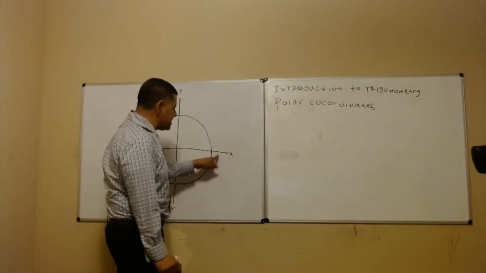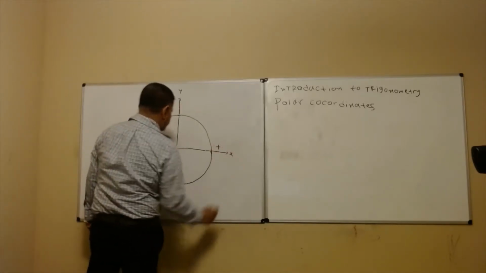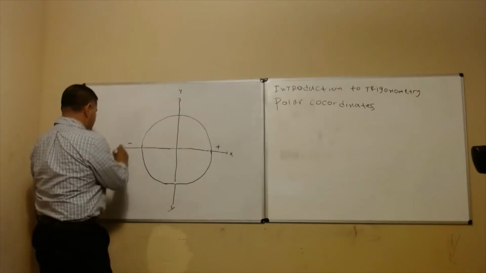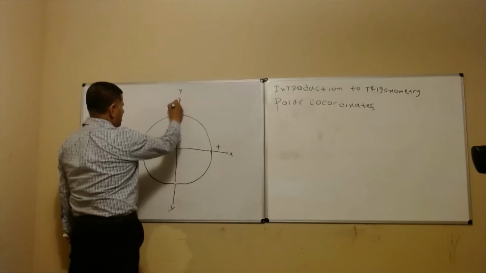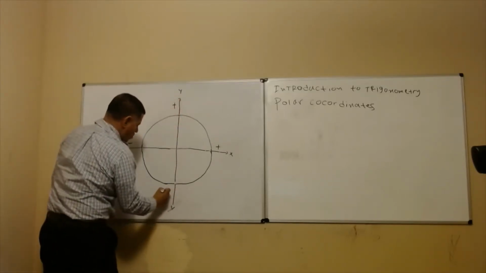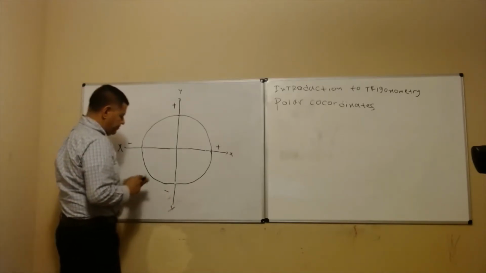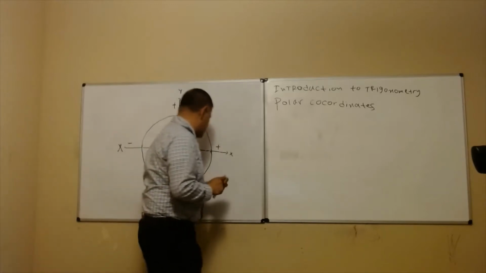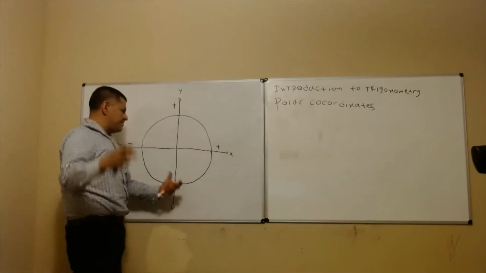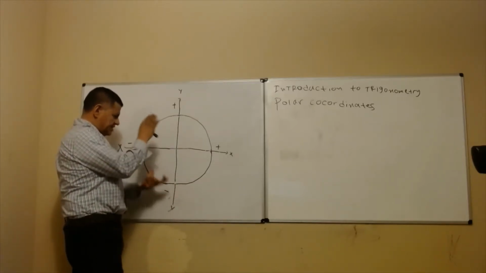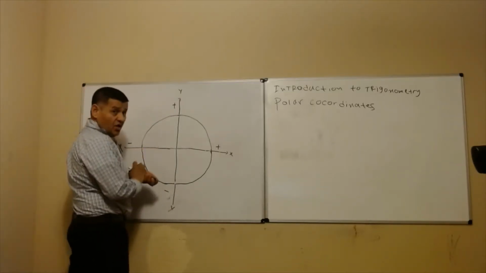It's based on the Cartesian plane x, y, and z. As you know, here x is positive. Over here, x is negative. Y is positive. Y is negative, right? So here, what the trigonometric function will be based on this unit circle, right? And what we know is the following.